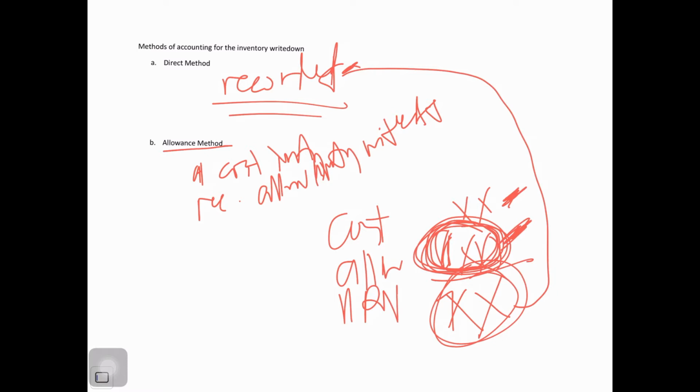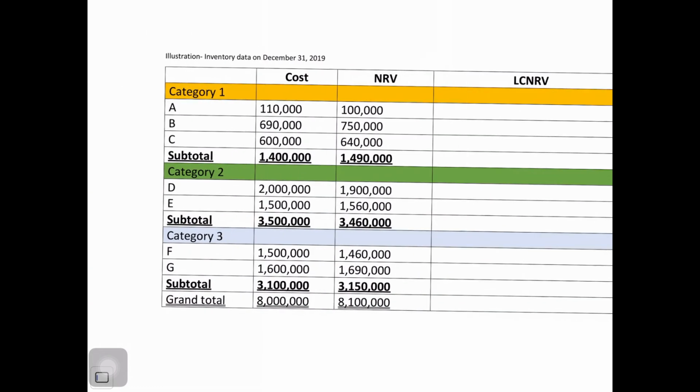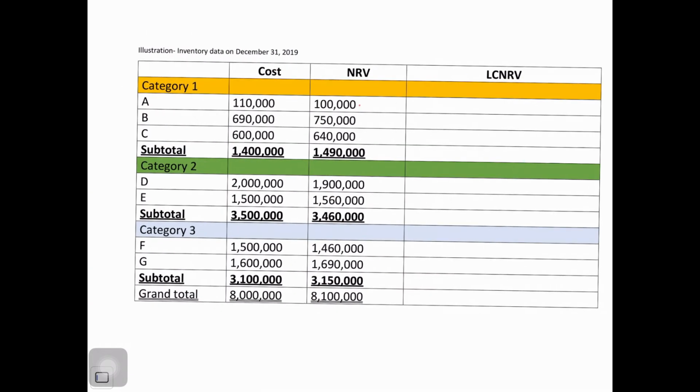So let's give this example, guys. So diba ang atuang LCNRV is per item, so individually. So here it is 100,000, sa B 690,000, C is 600,000, then D is 1,900,000, E is 1,500,000, F is 1,460,000, G is 1,600,000.